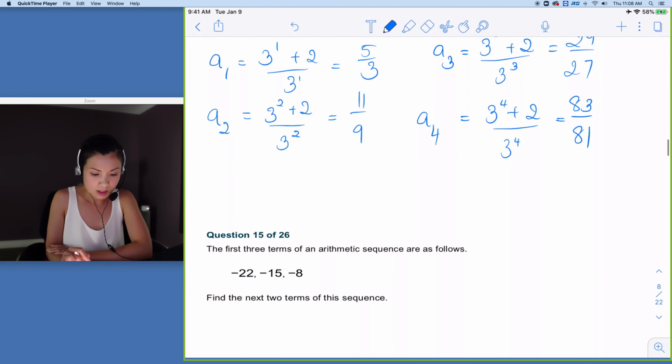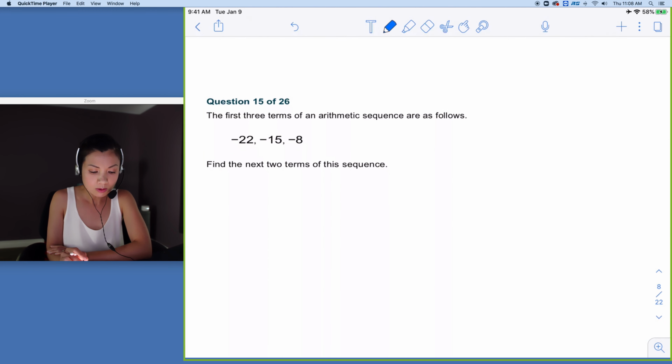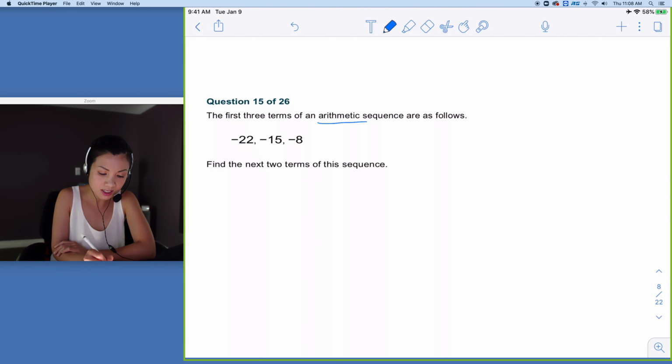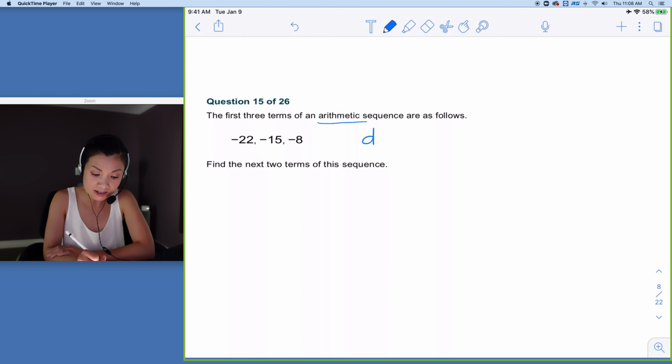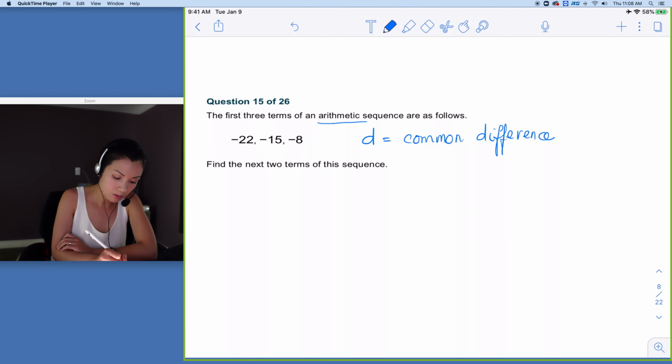Okay, now you see that for number 15 they don't give you the rule, but you know that it is arithmetic, so we're going to have a common difference. d is called a common difference, which means you are adding the same number to get the next term. So you see that from negative 22, if you add 7, you're going to get negative 15.